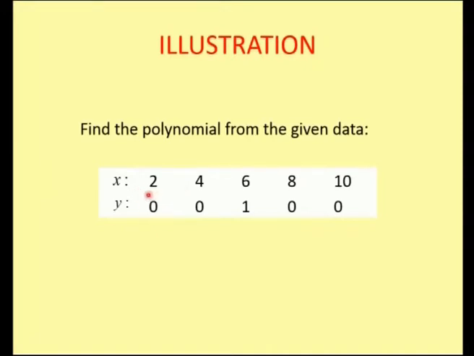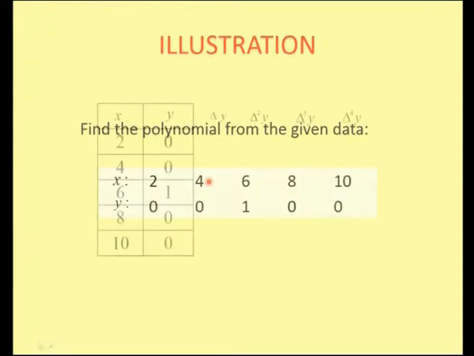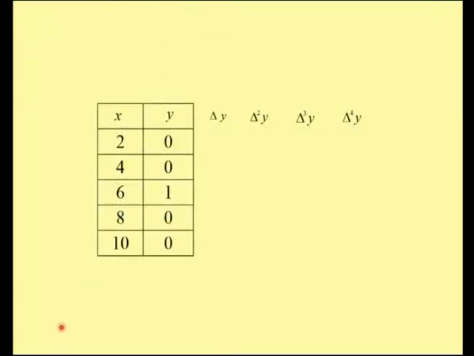X values are given as 2, 4, 6, 8, 10, and y values are 0, 0, 1, 0, 0, and x values are equally spaced with h equal to 2, and the del y values are calculated. Del y is 0, 1, minus 1, and 0, and this is 1, minus 2, 1, minus 3, 3, and then 6.